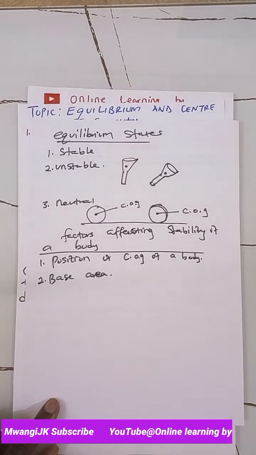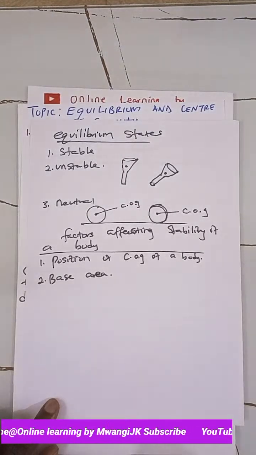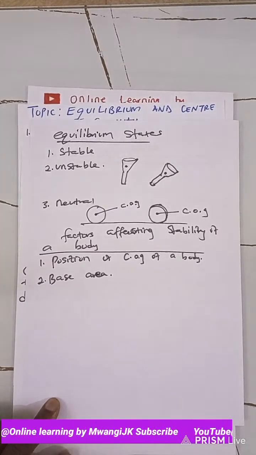One reason they are short is to lower their center of gravity, so enhancing stability. They also have a wide base to make sure their center of gravity is lowered.